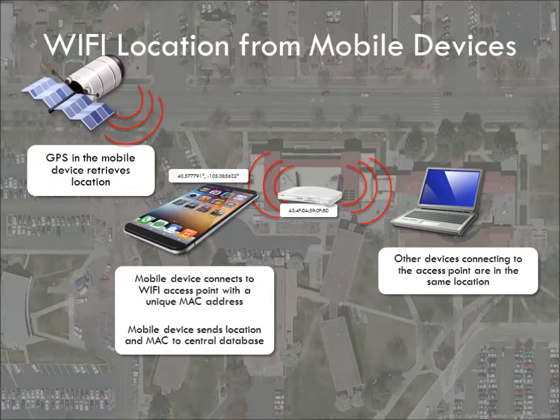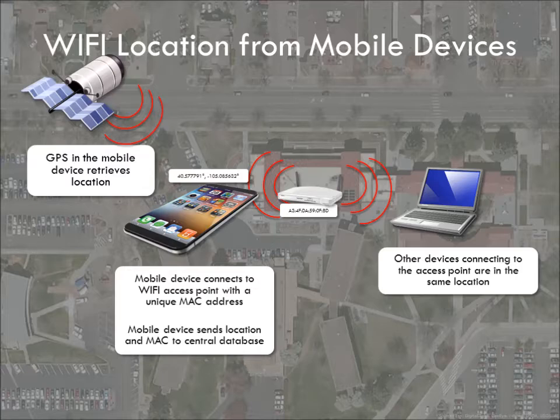With those coordinates, that phone knows where it is. Then, when that phone connects to a Wi-Fi access point, a MAC address is associated or assigned to that phone so it can connect to the internet. At that point, the phone knows its location. It also has a MAC address of that specific physical device.